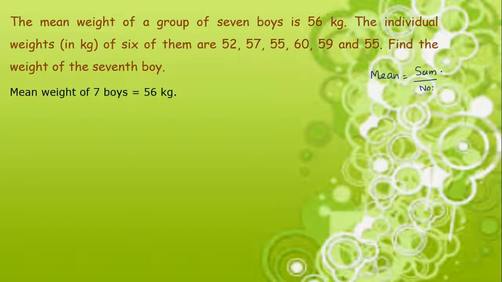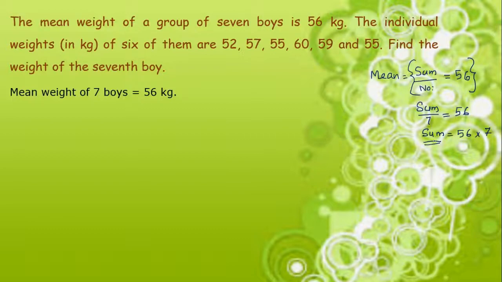Here, mean weight of 7 boys is given as 56 kg. So, using this equation, we have 7 in number, right? Sum by 7 equals 56, and sum is equal to 56 times 7.